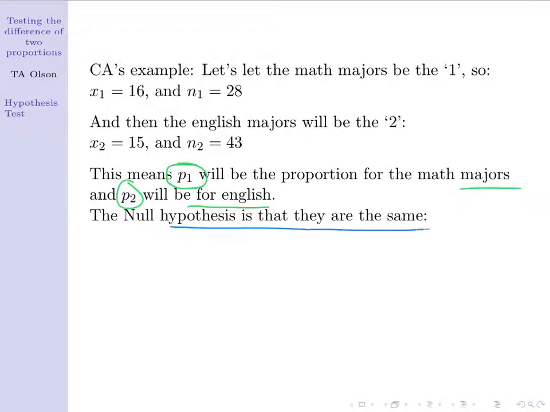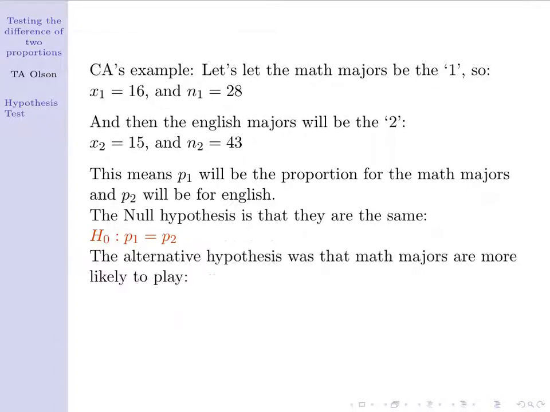Remember that our null hypothesis, our default position, is going to be that these things are the same. In other words, P1 is going to be equal to P2. The alternative hypothesis was that math majors are more likely to play a musical instrument. So P1 is going to be greater than P2.